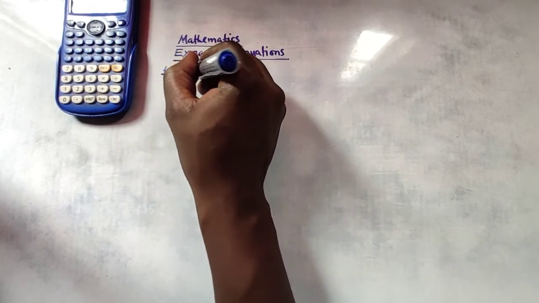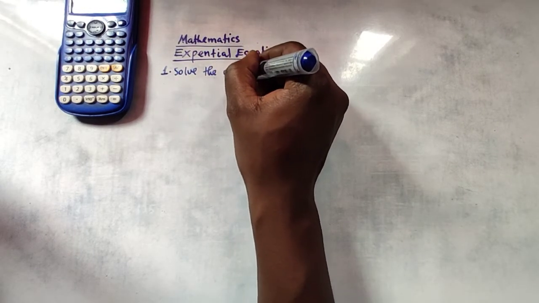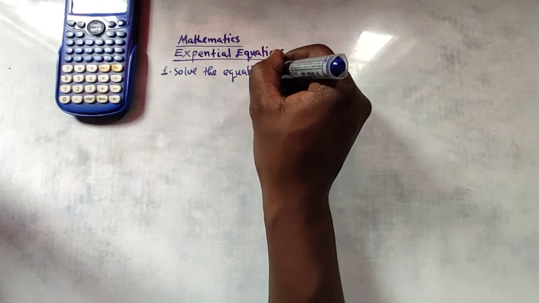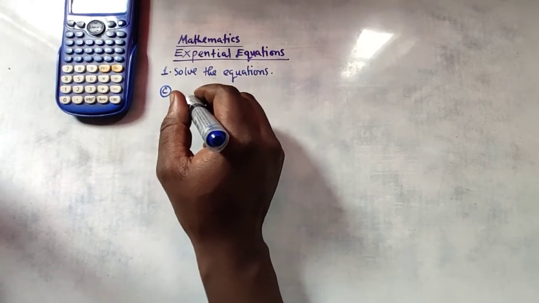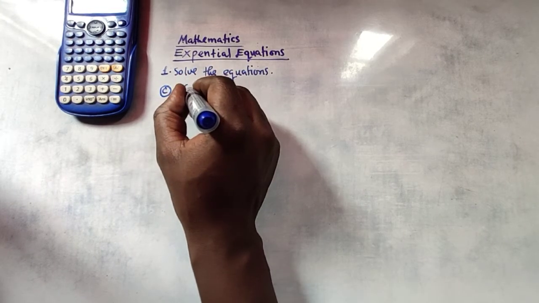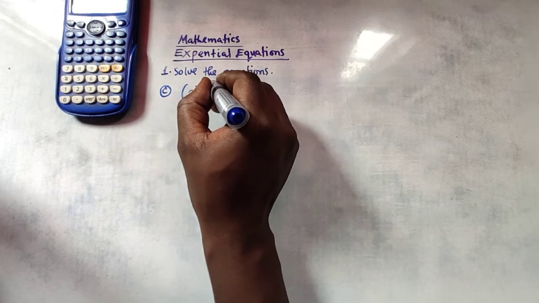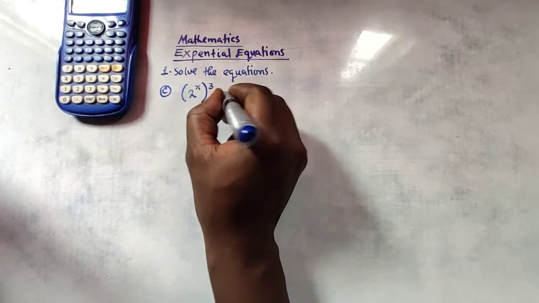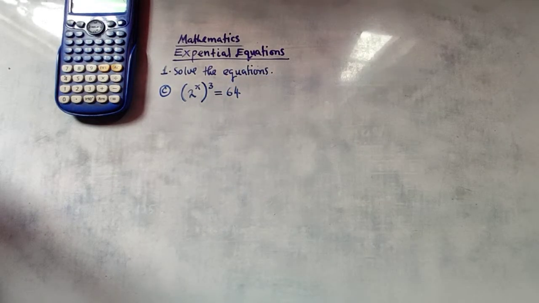Part C of the equations from the tutorial sheet was (2^x)^3 equal to 64. So you're supposed to solve that.